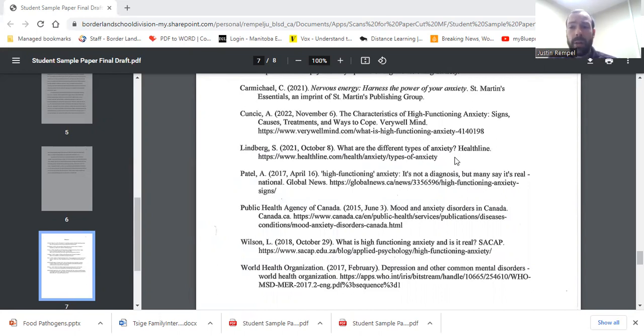Notice that where there is no specific author, the name of the organization is given and alphabetized instead. For example, Public Health Agency of Canada falls under the letter P. World Health Organization falls under the letter W. These organizations or groups are taken to be the author. The second piece of information is in brackets.